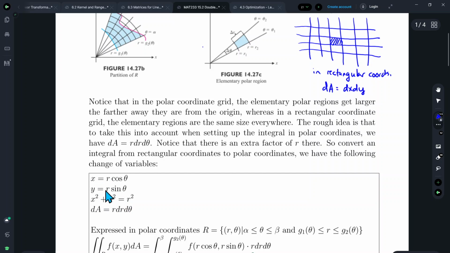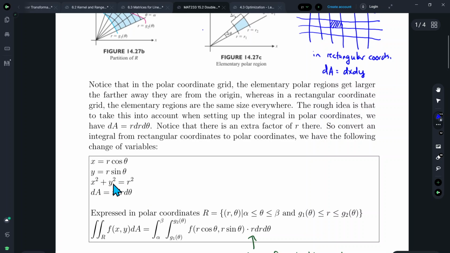It essentially comes from this and the Pythagorean theorem, but sometimes it's useful to have this extra equation on hand when we're trying to translate the function. And then finally, again, the area element for integrals in polar coordinates is r dr d theta.